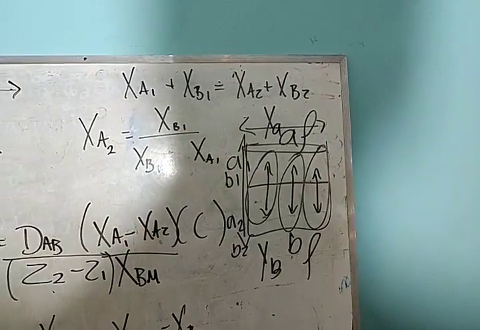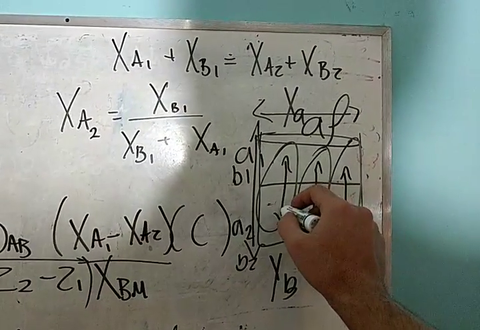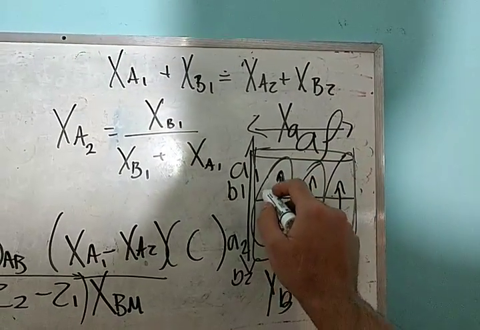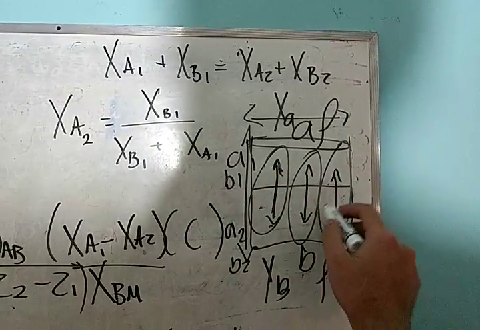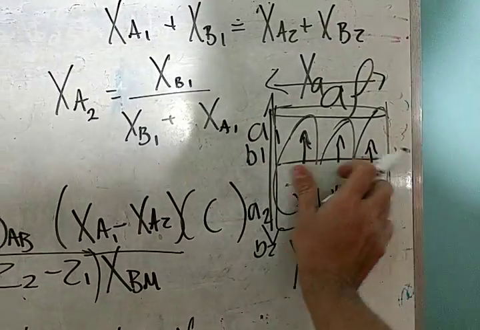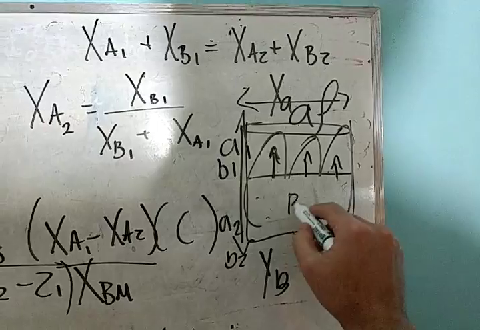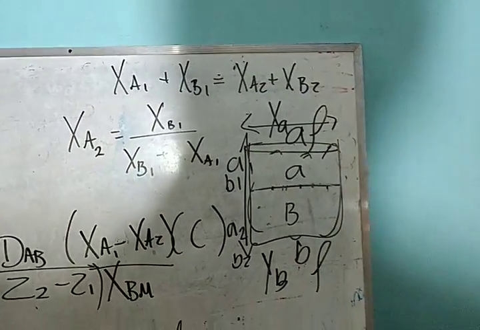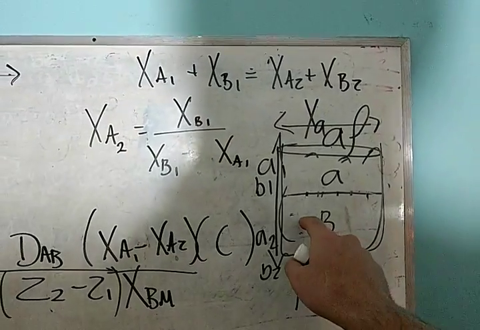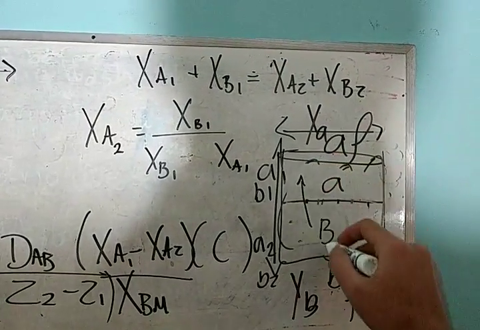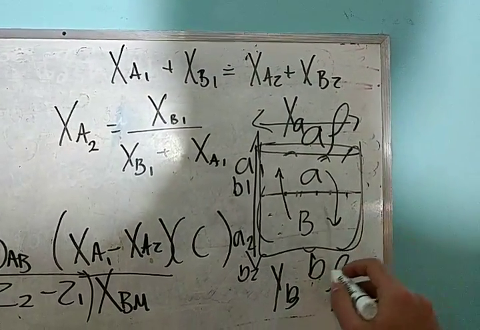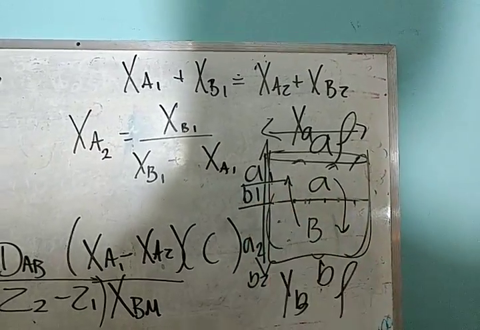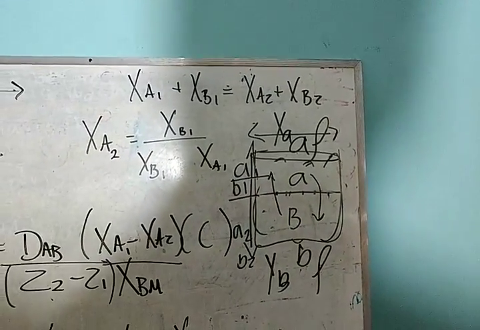Why? Well, because the particles, when they're moving, are going to start mixing. Remember that all of this part is B, and all of this part is A. So when they start moving, B moving to the A part and A to the B part is going to start giving us A1 and B1.